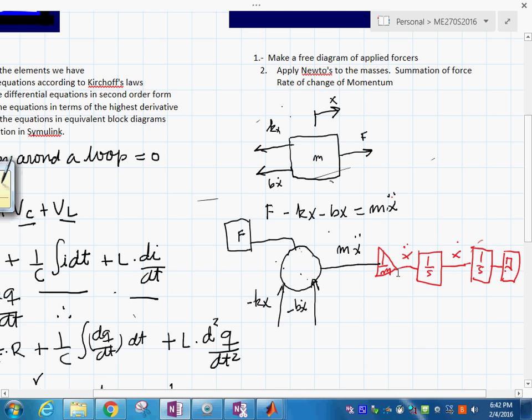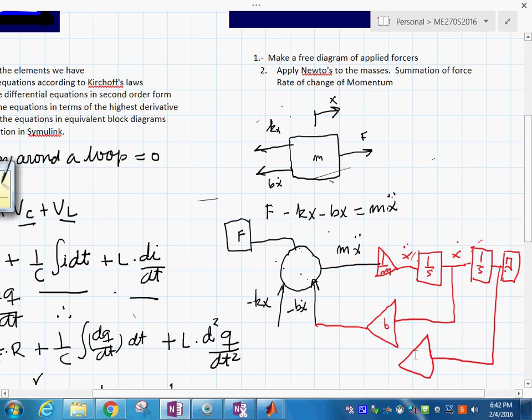But you see, what you have in here is very similar to the electrical system. Here you have this feedback for B, and then you have this other one over here.